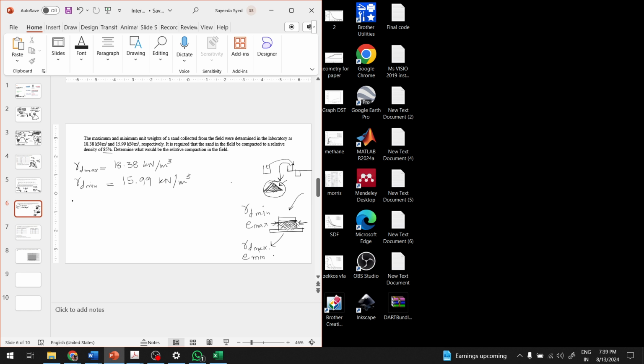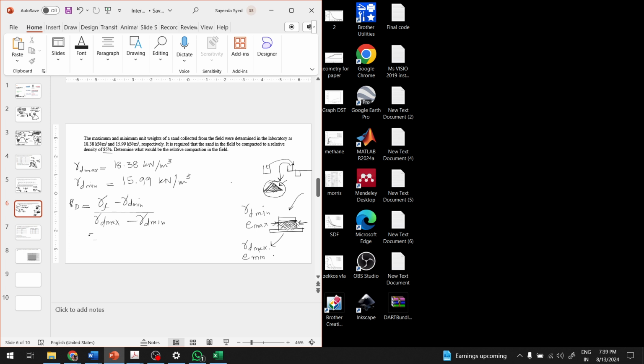So the relative density is the field density minus gamma d minimum over gamma d maximum minus gamma d minimum.